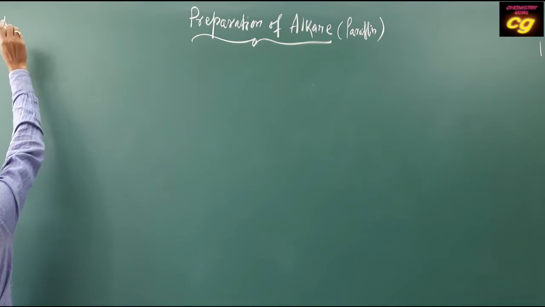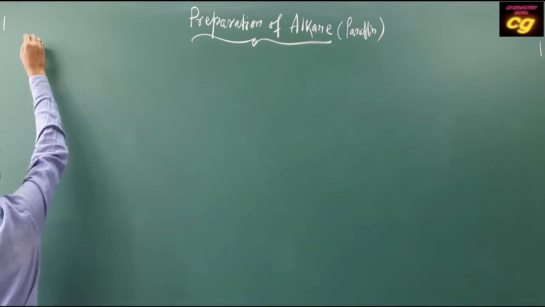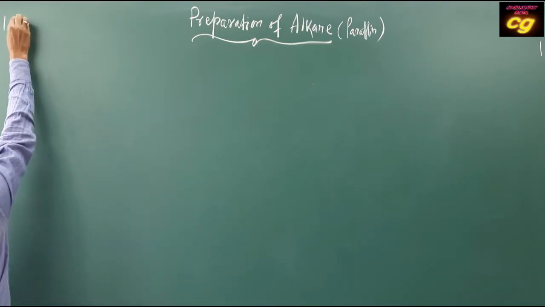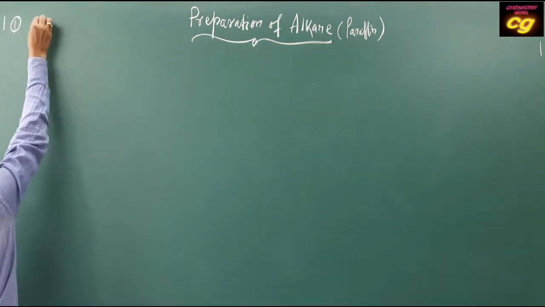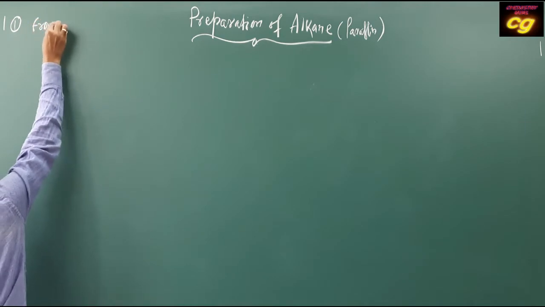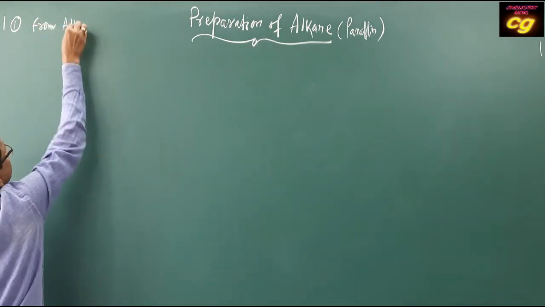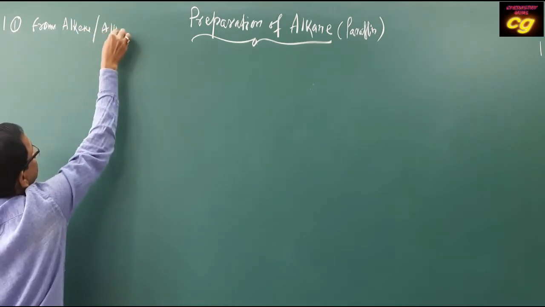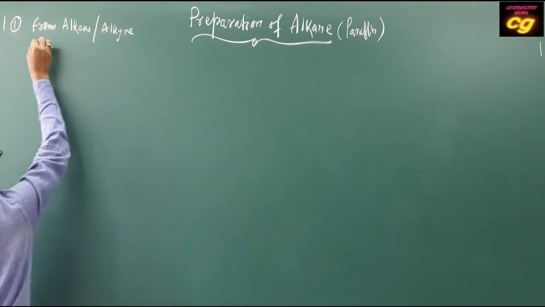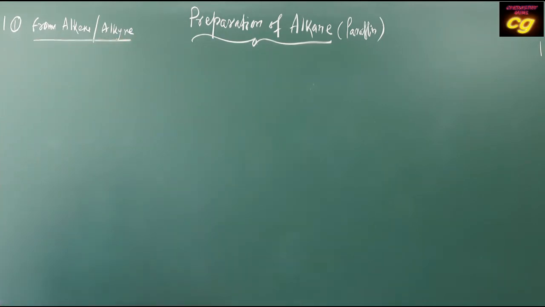The first preparation of alkane we can do is from alkene and alkyne.